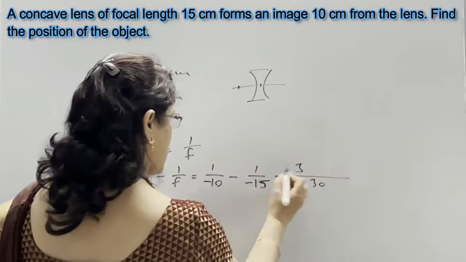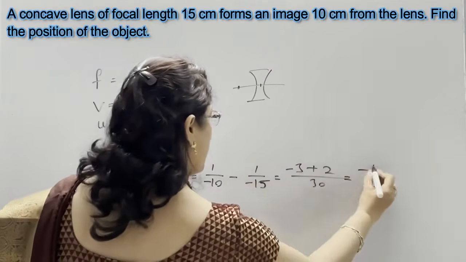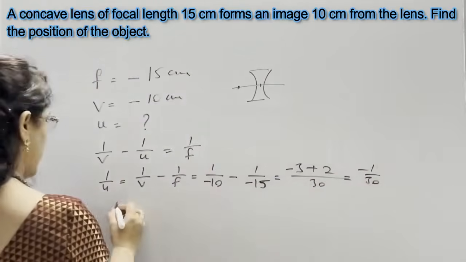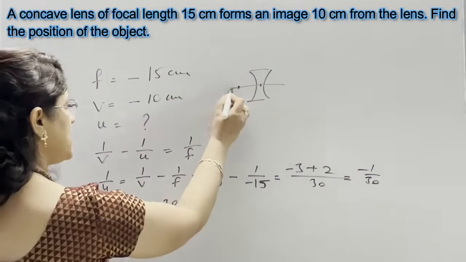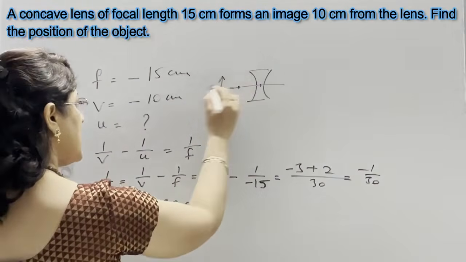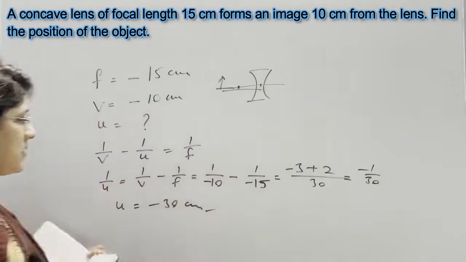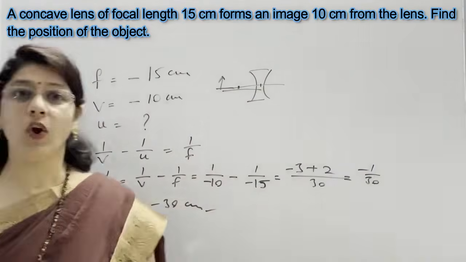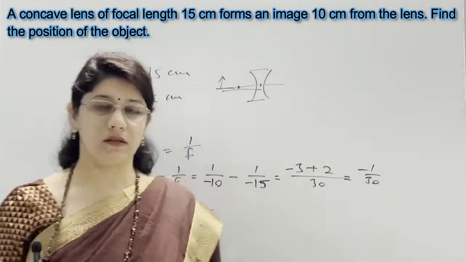So minus 3 plus 2 over 30. It means minus 1 by 30. The value of u is minus 30 centimeter. It means the object is placed on the left hand side of the lens at a distance of 30 centimeter in this case of a concave lens. It means it is in front of the lens.